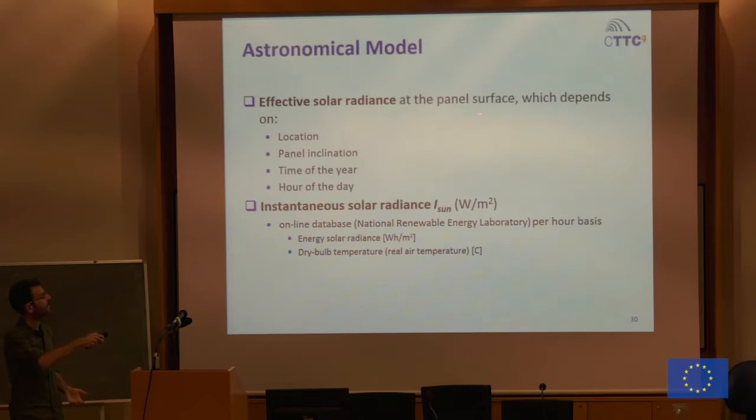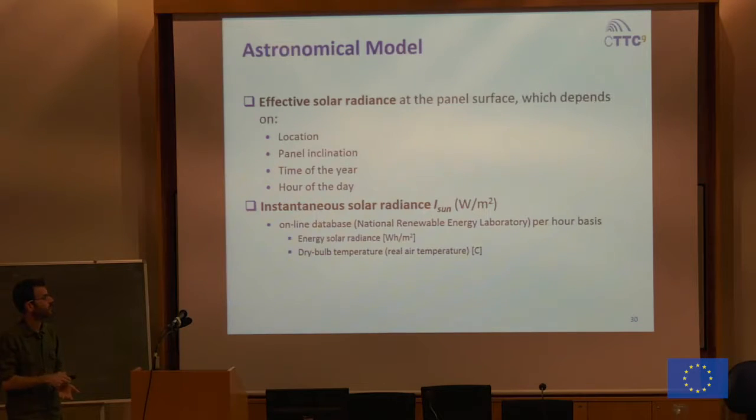And this current depends on different parameters, like the location of the solar panel, so where it's located, longitude and latitude, the inclination, the season of the year, and the time of the day. And then based on this, I can have the current that is generated by the photovoltaic panel.